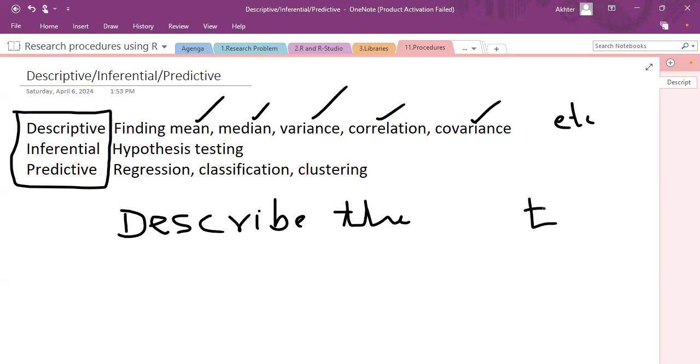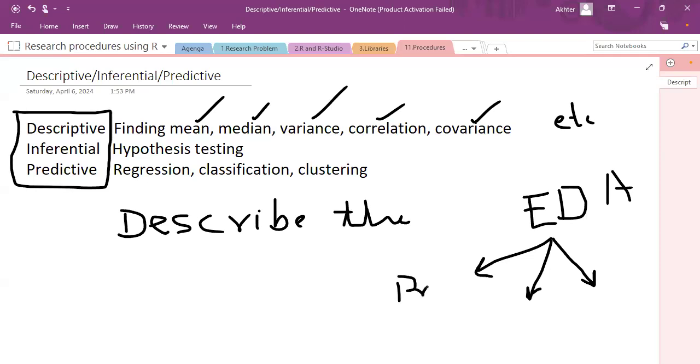In exploratory data analysis, EDA, there are three steps. One is data preparation, whatever we were doing to prepare the data. The second step is descriptive, which we are describing right now.